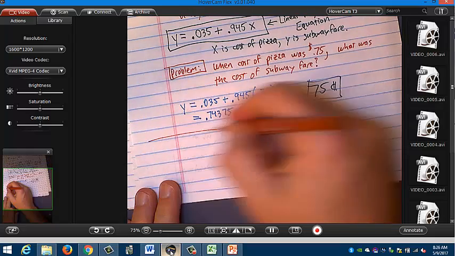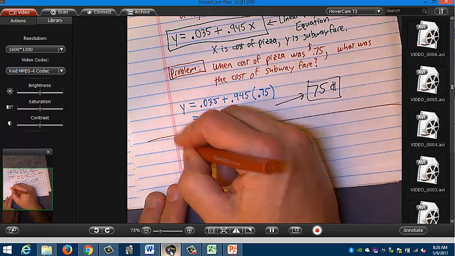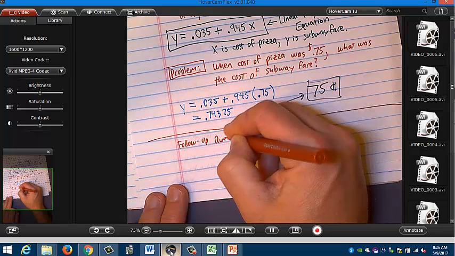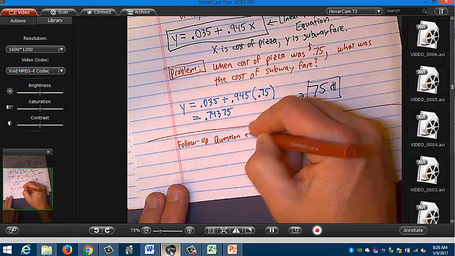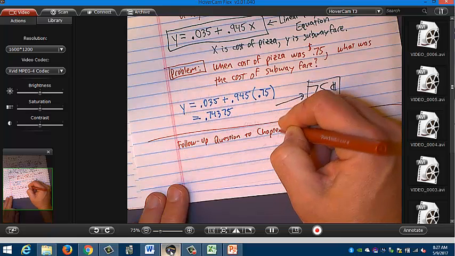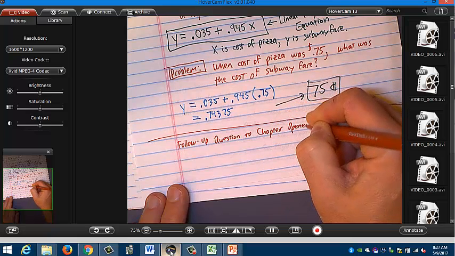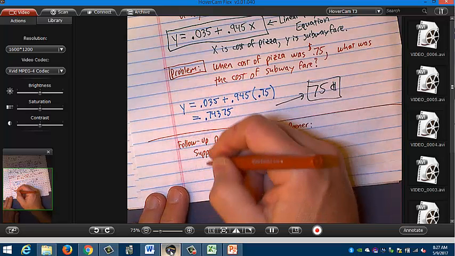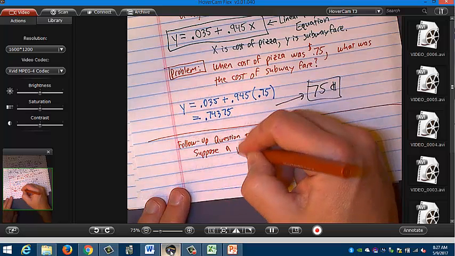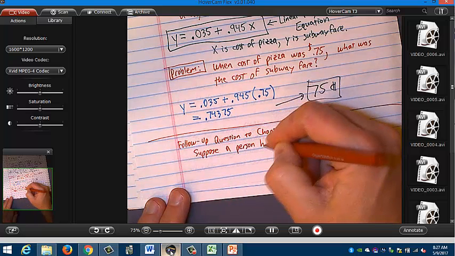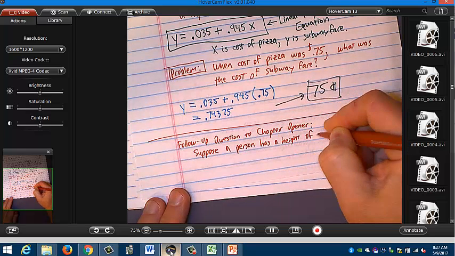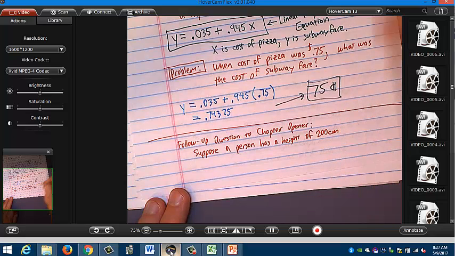So there was a follow-up question I asked you guys to the chapter opener. And that was this. Suppose a person has a height of 200 centimeters, right?